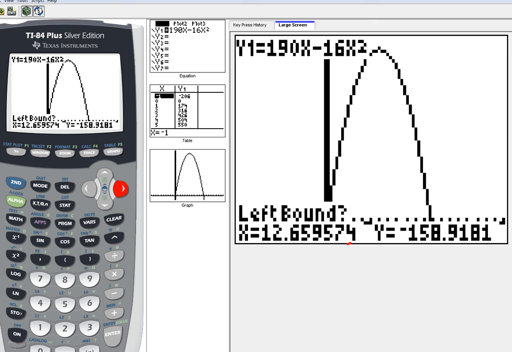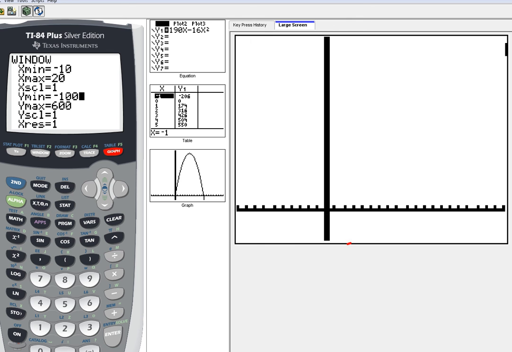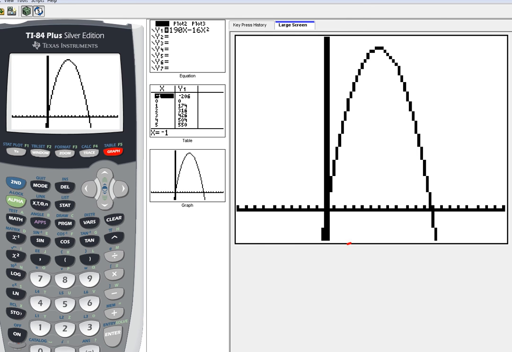Here, I'm going to change my window for a second and make my y value go a little bit lower. Negative 100, how about? Hit that graph. Can I see the 0 now? Okay, there it is. See it right here? That's what I'm looking for.